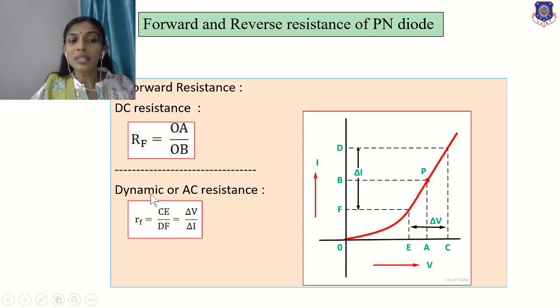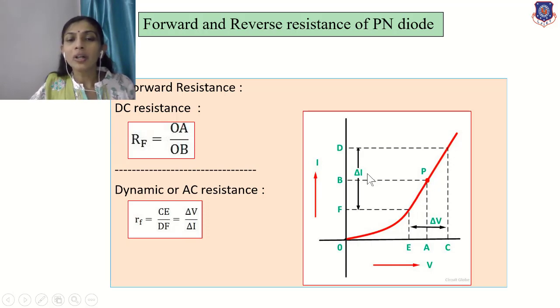Now if I want to measure dynamic resistance, that means AC resistance, it is denoted by small rf, that is defined by CE upon DF. So that is nothing but the change between two points on the characteristic, right?